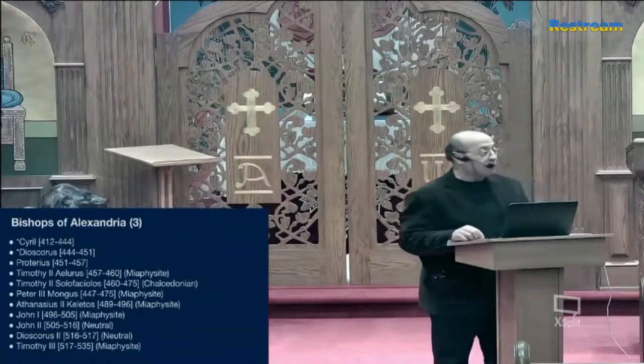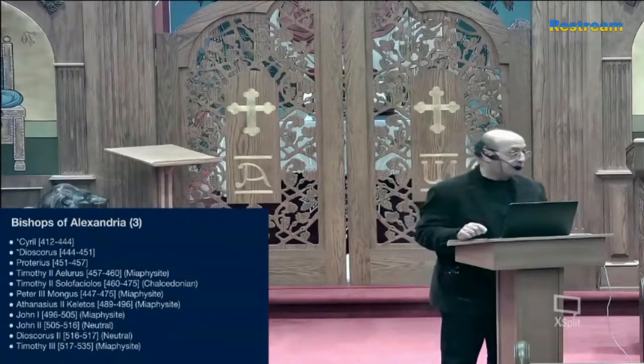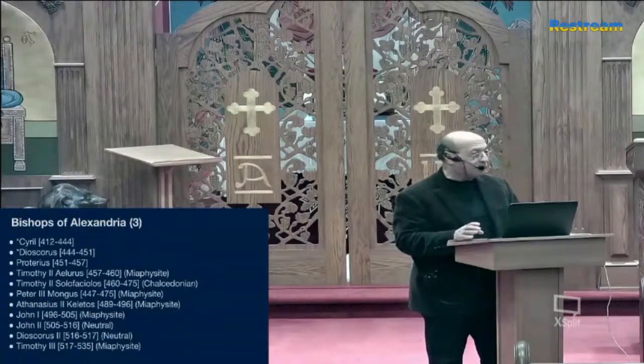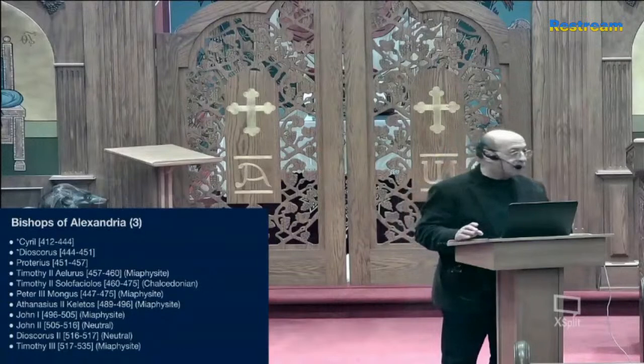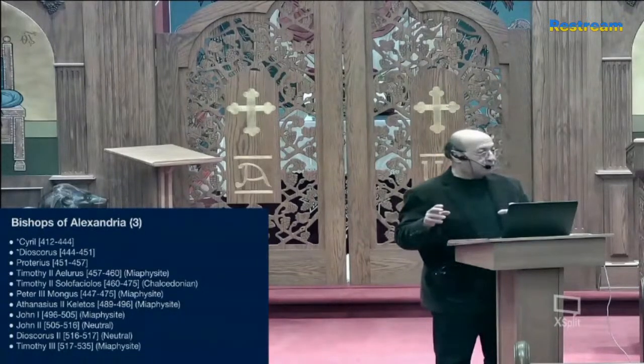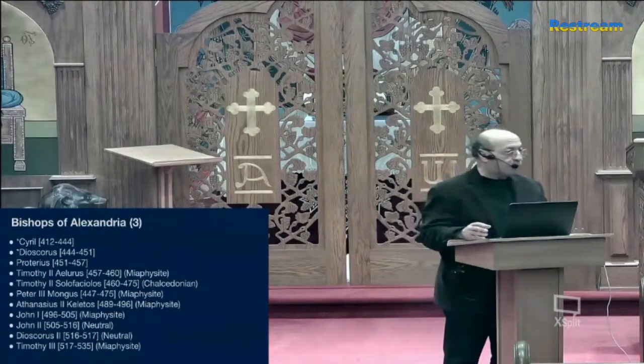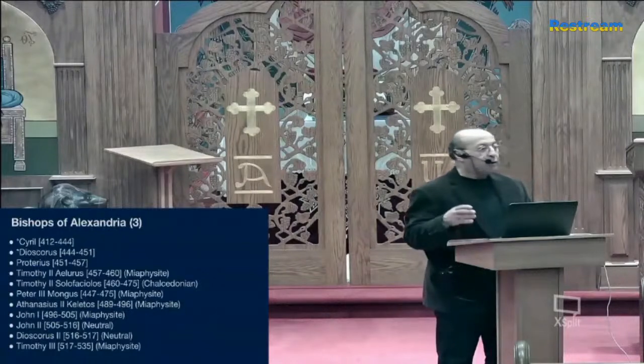Why I'm saying that? Because I read the minutes. I read it in a book. The minutes are very well illustrated in a book called Cyril of Alexandria. It's talking about Cyril, his life as a person, as a bishop, as a theologian, and what are the good things in his life, and what are the bad things.